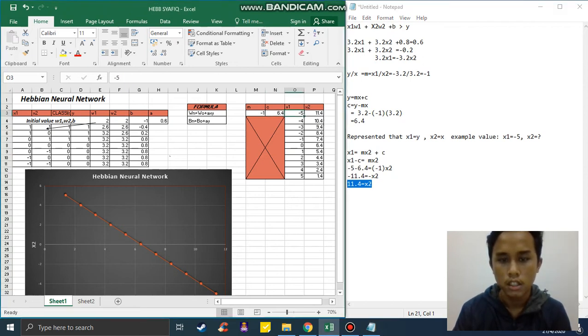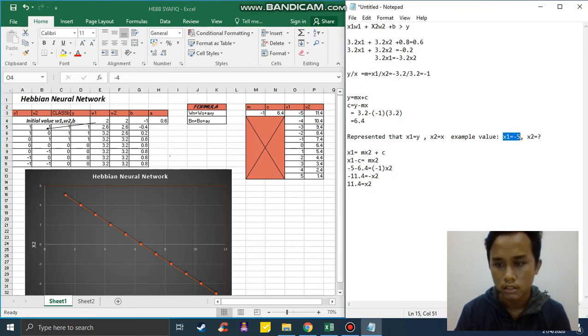It is the same as in the Excel. We just change the value of x1 here with -4, -3, and so on.